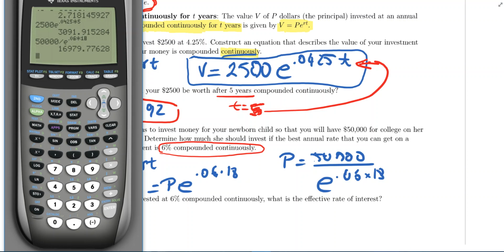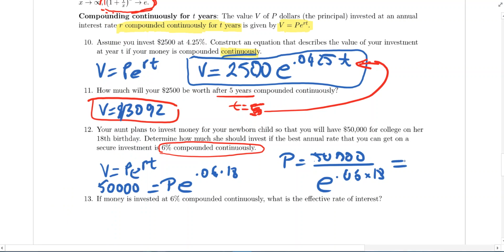That gives 16,979 point something, so 16,980. Okay, so if you look at the other two values, this is the smallest one. I think so, yes. So continuous compound is slightly better, but not that much better.